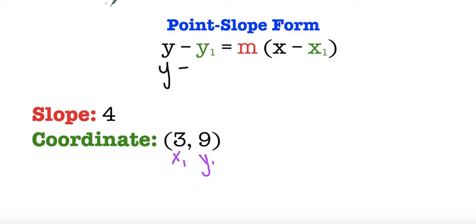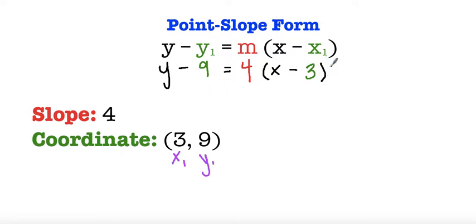So if we're going to subtract by y sub 1, we are subtracting by 9, and that equals, and now our slope, m, is 4, so it equals 4, times x, we don't have a second x coordinate, and this x could represent any value, so x minus, and we are given one x coordinate, so minus 3. And that's all we have to do to represent this in point-slope form.